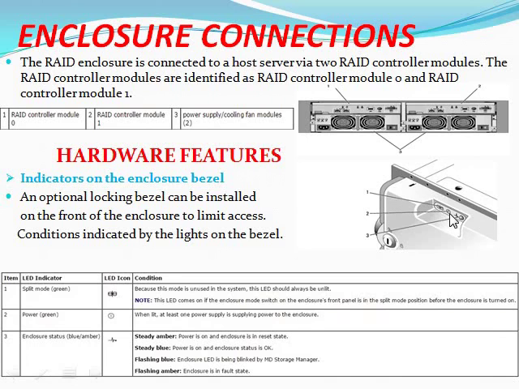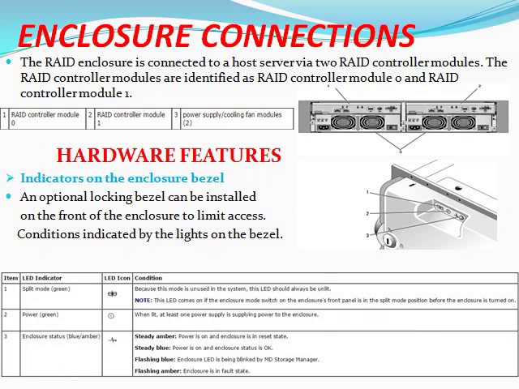Second, the power LED. When it is lit, it means at least one power supply is supplying power to the enclosure. Third one is the enclosure status LED. If it is steady amber, it means power is on and it is in reset state.